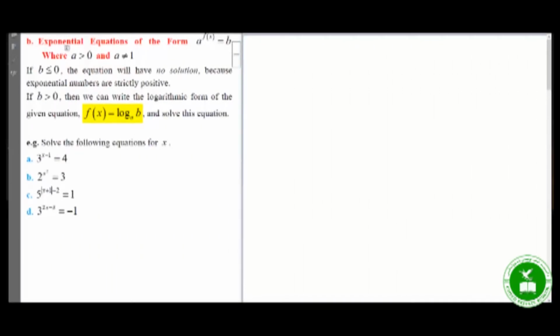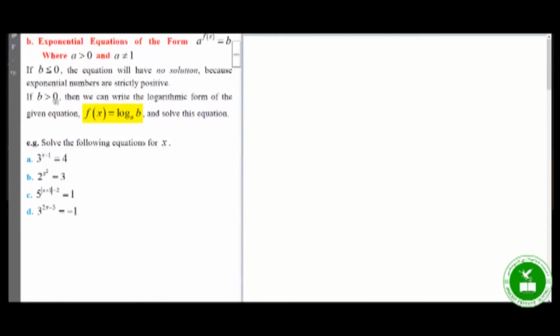And the second type of exponential equation is the exponential equation of the form a to the power of f of x is equal to b, where a is positive and a is not equal to 1. In here, if b is 0 or a negative number, or b is less than or equal to 0, it has no solution because the base is positive.